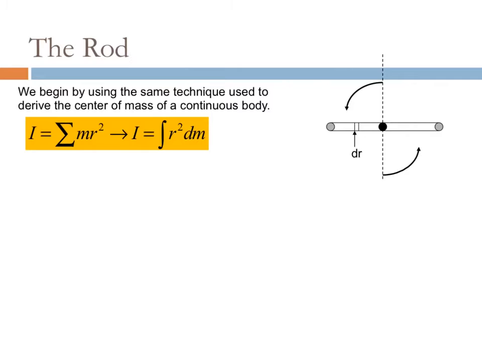And we said that our change in mass is going to be equal to our linear mass density times our change in position, or change in x. So in this case, because our mass is being evenly distributed over the entire length, our lambda is actually going to be equal to our total mass divided by our total length. So we can make that substitution now.